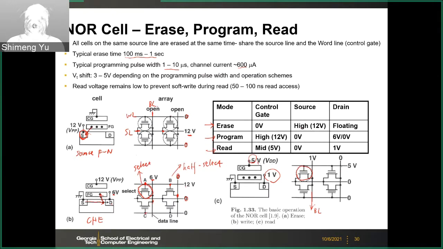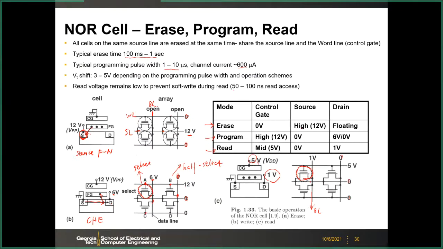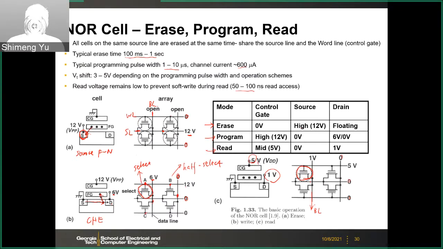And for the other cells, you will have 0 voltage on the unselected bitline or unselected word line. Therefore, the other cells won't be read out. So you only select this one. And the readout speed for NOR flash is typically fast, like 50 to 100 nanoseconds, and you can read out the data.